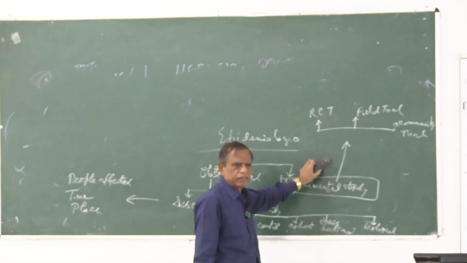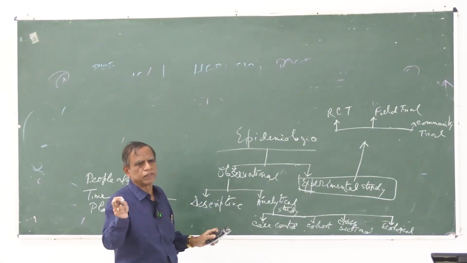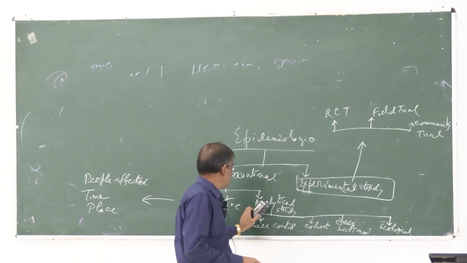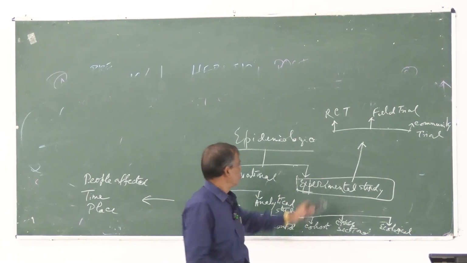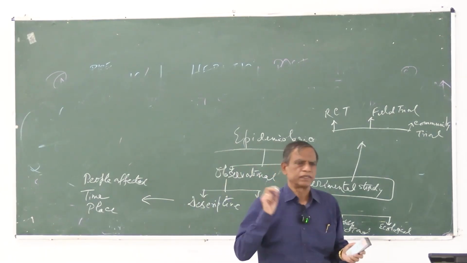But in case of observational study, there is no question of intervention. Even in analytical study, case control or cohort study, there is no intervention. But in experimental study, we do some intervention.